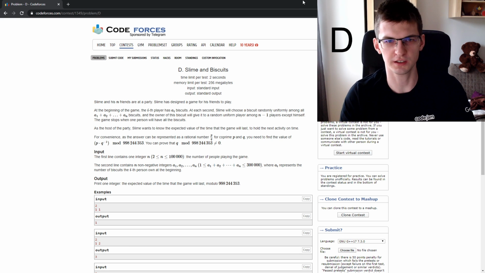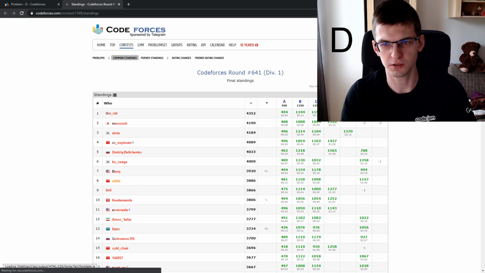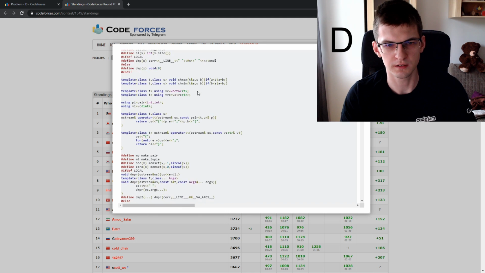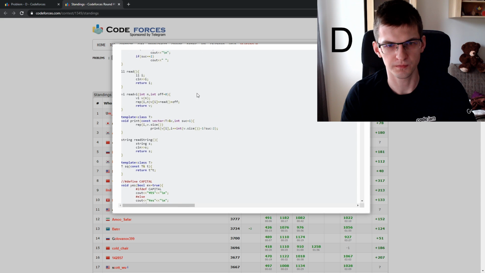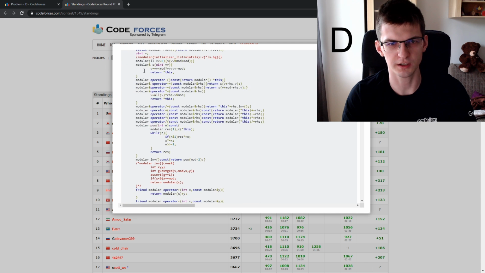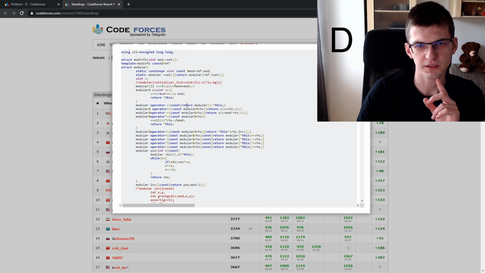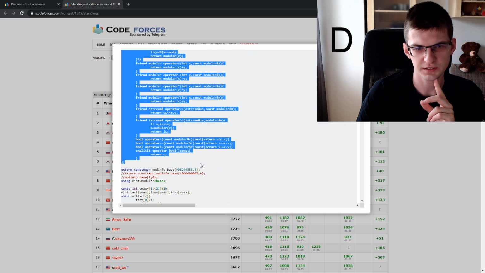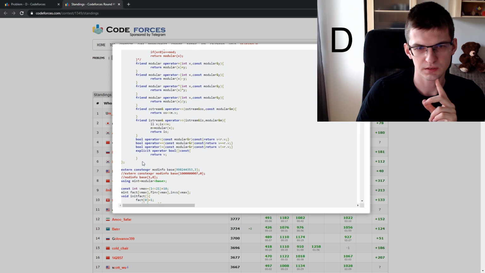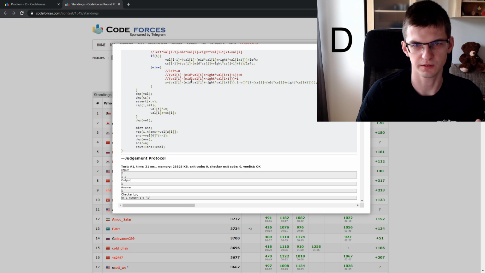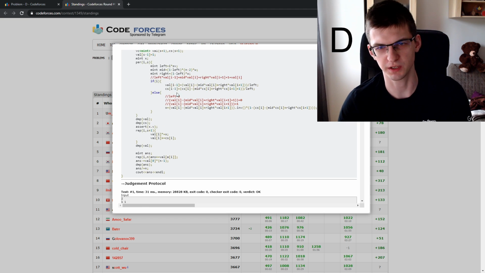People have that. I'm sure that if I go to standings and look at people in the top, Umnik doesn't use templates, but let's see here. I'm looking for a class for modular operations. There's struct modular. I'm looking for this. This is a pre-written class. Later we can use modular of base. And then we can use it just like an int anywhere here, with subtraction, multiplication, and so on.